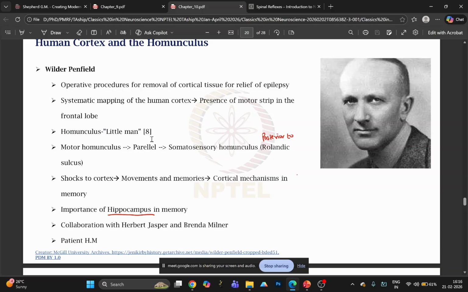The whole body is mapped to different regions in the motor strip, for example, or in the case of the somatosensory system, the somatosensory homunculus. So he showed that there are different regions responsible for governing the muscles present in different regions of the body.